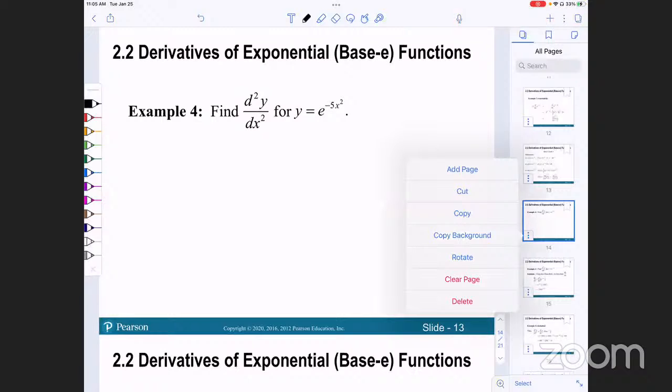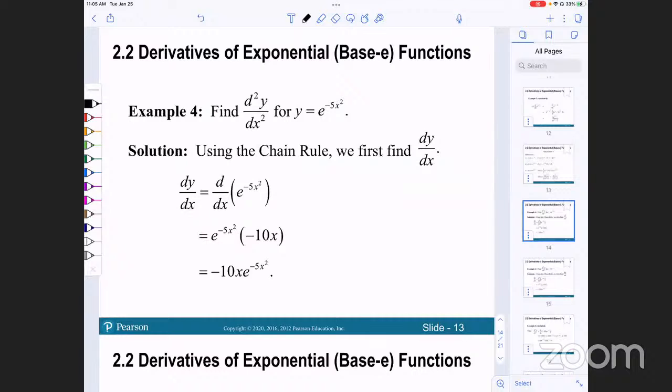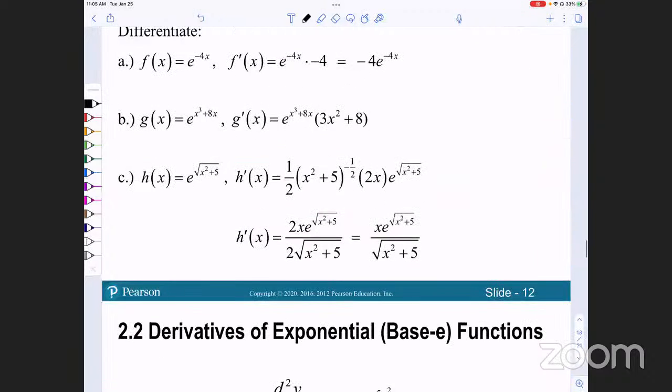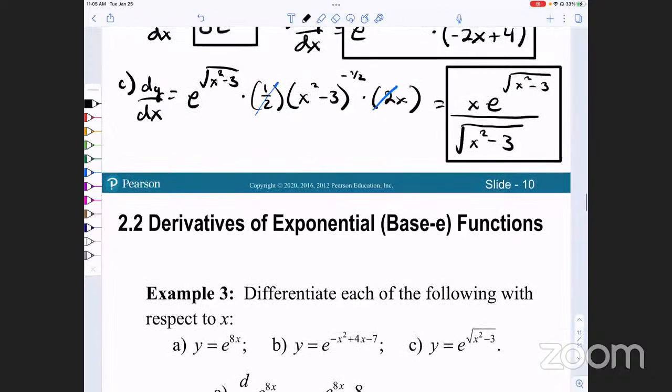Now, can I just clear the page? No. That's okay. Rotate, clear the page. And if I, that's okay. Okay, let me put it back. And I want one more thing. Sorry about this, guys. Copy.